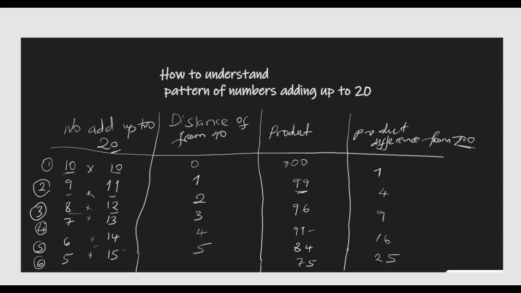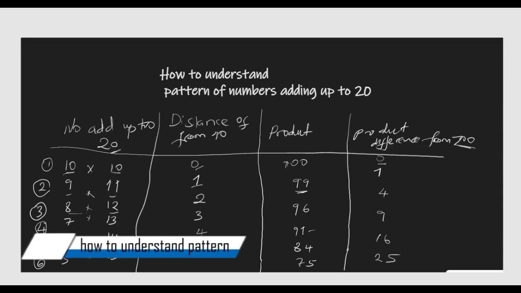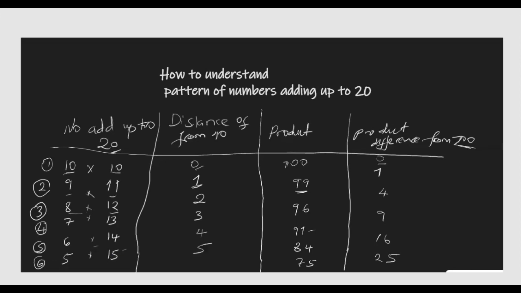Now, this is what is very interesting. Here you have 100 minus 100 is 0, so the distance is also 0. The further you go, for a distance of these multipliers and multiplicand from 10, we have here 1, and here we have 1.